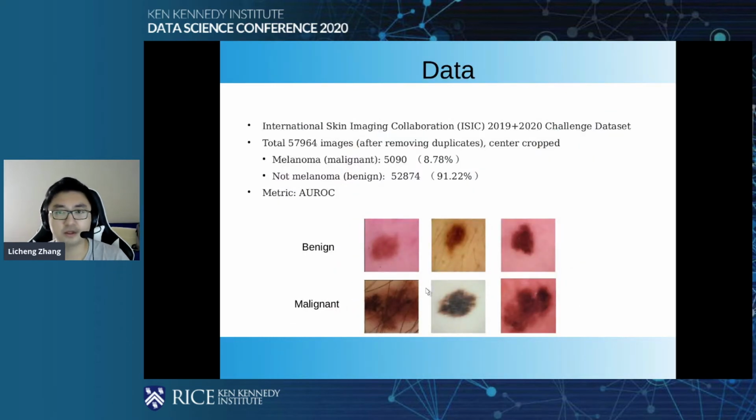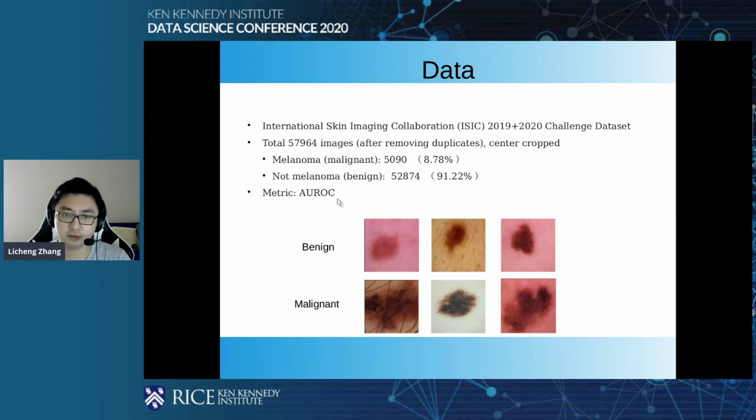The data we use is from the ISIC 2019 and 2020 datasets, and the percentage of melanoma is about 9%. So it's imbalanced, but not that imbalanced. We put some weights in the loss function in the training. The metric we're looking at is the area under the ROC curve. We're trying to see how well the classifier performs.